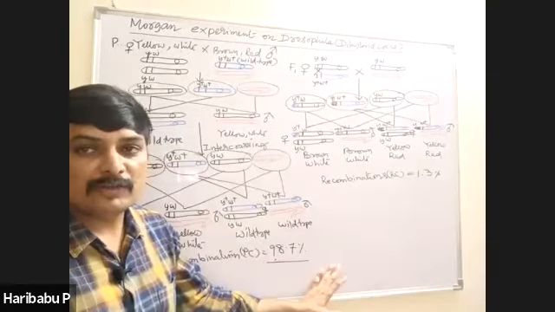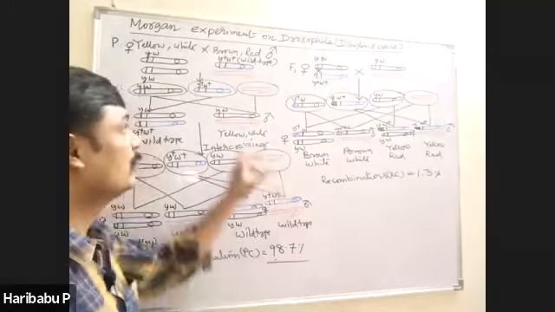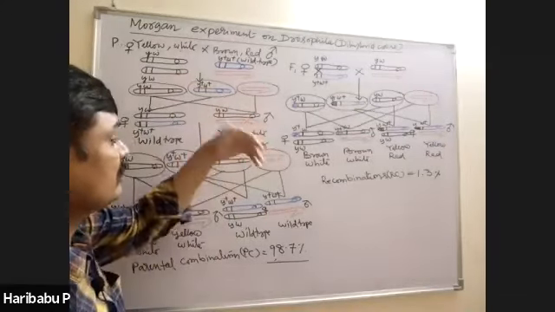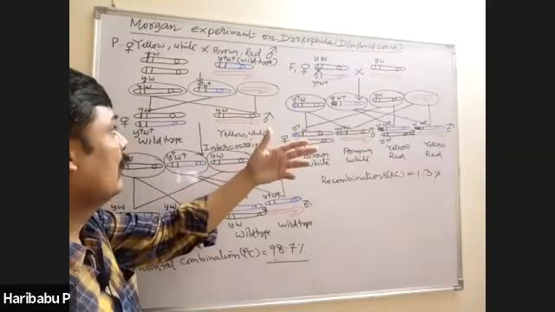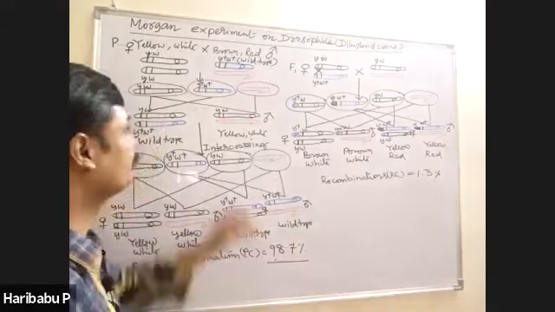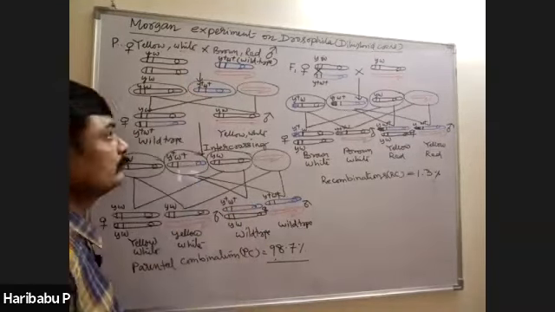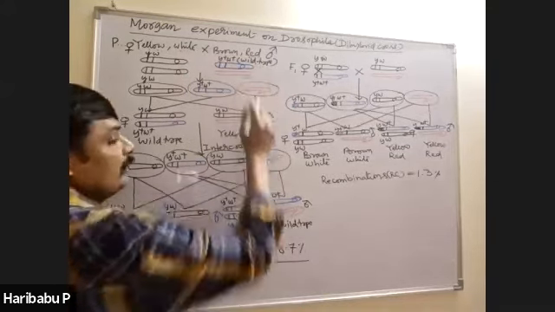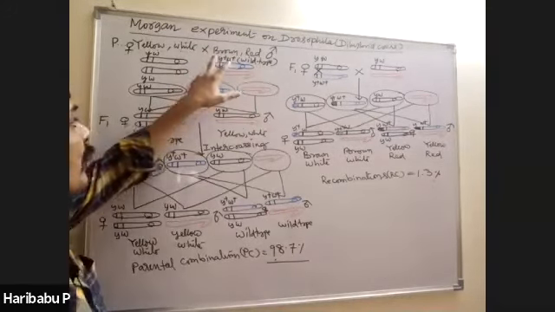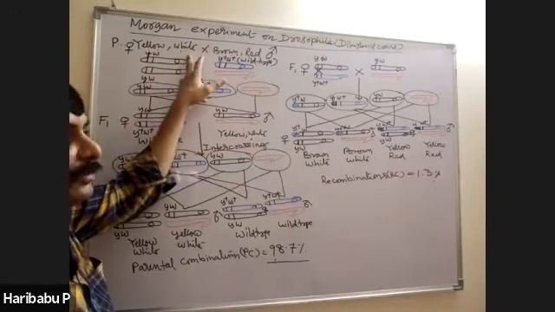Okay, what is the first cross? What are the parents of Morgan's first cross? What are the parental characters of Drosophila selected by Morgan? Yellow, white, brown, red. Brown, red is dominant over yellow, white.